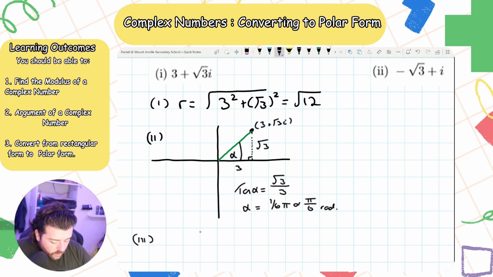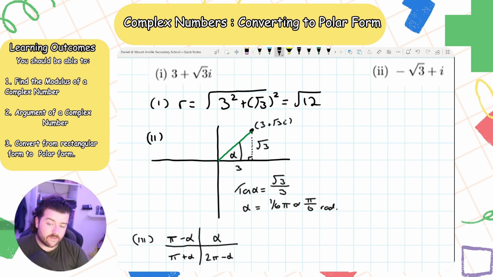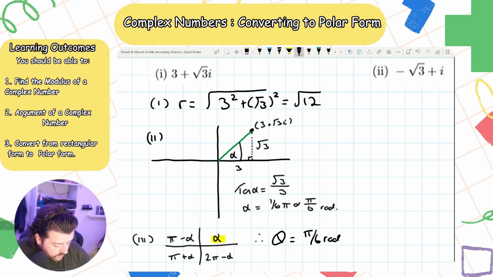So remember, we go back up to that little graph here. If it's in the first quadrant, it's just my reference angle. If it's in the second quadrant, it's pi minus my reference angle. Third quadrant, pi plus my reference angle. 2 pi minus my reference angle if it's in the fourth quadrant. If you can see here, my complex number is in the first quadrant. So therefore, my argument is just going to be equal to my reference angle, which is pi over 6 radians.